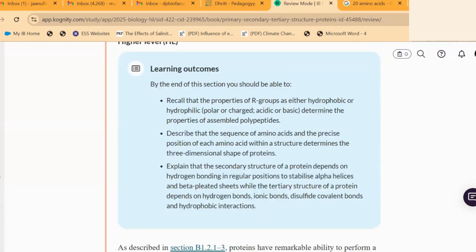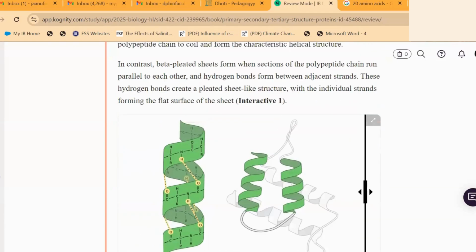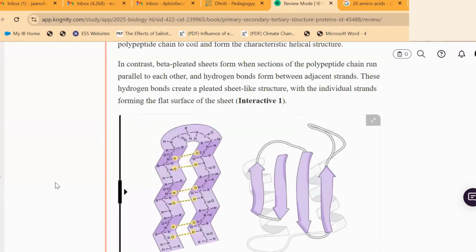The next one is the beta pleated structure. So we know about the pleats, right? It's not folding, but pleats one over the other. How does this beta pleated sheet form? These two chains run anti-parallel to each other.